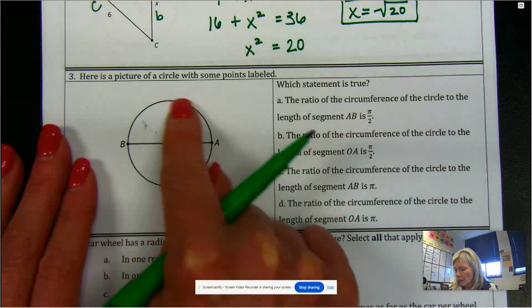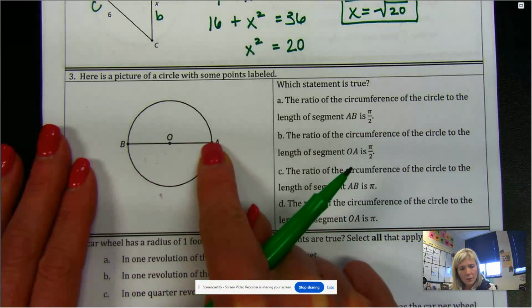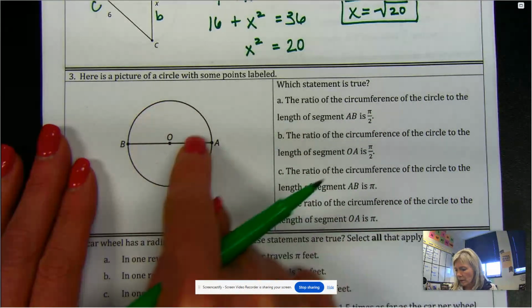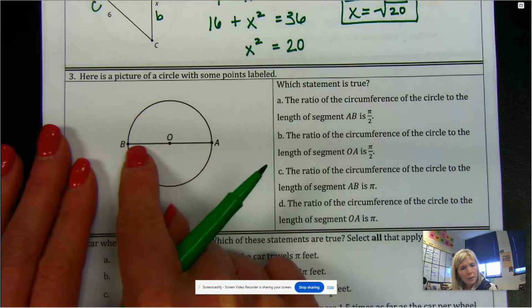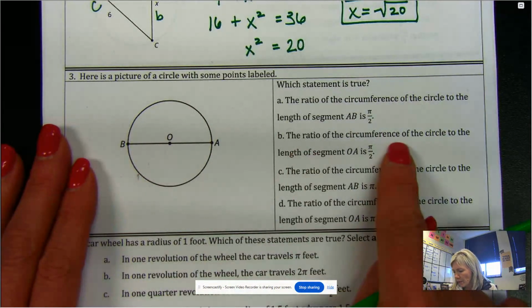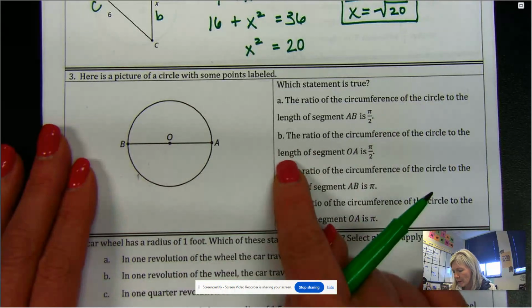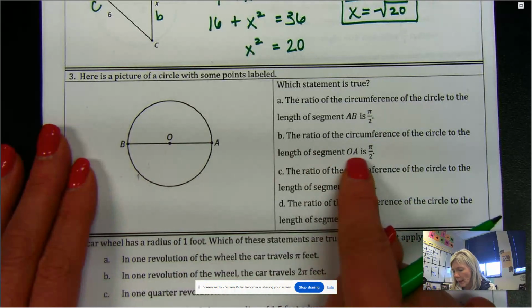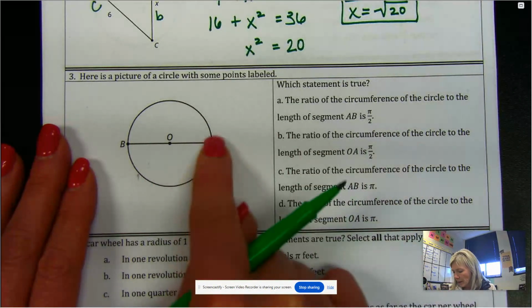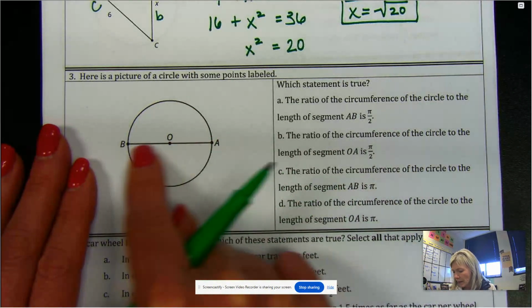So the circumference of the circle all the way around compared to the diameter, the length of AB, is pi over 2. The ratio of the circumference of the circle to the length of segment OA is pi over 2.